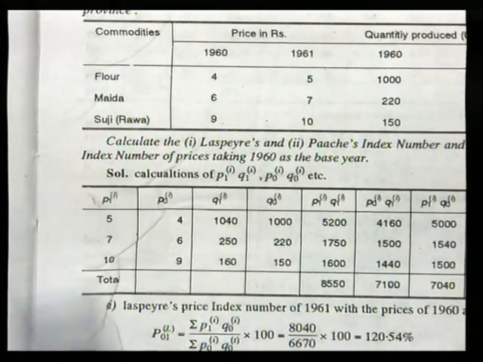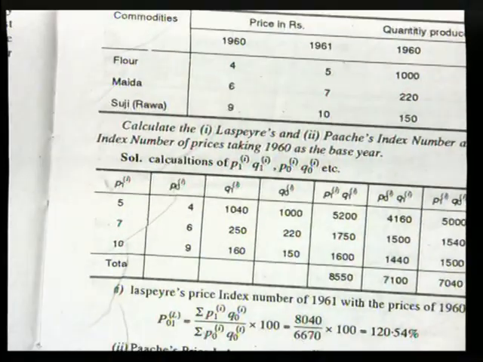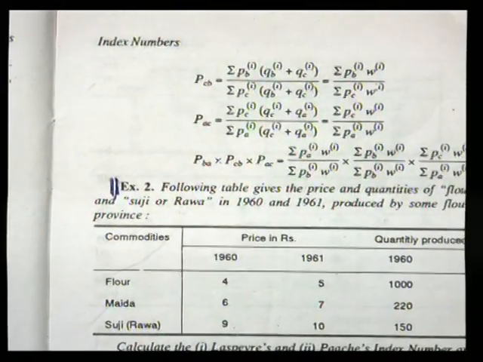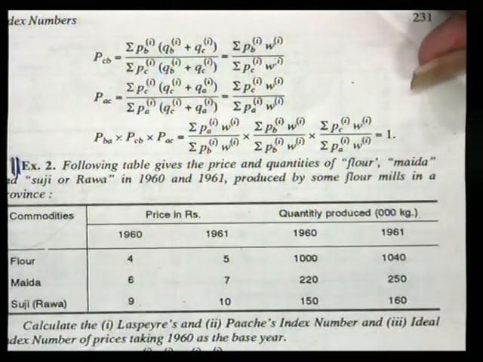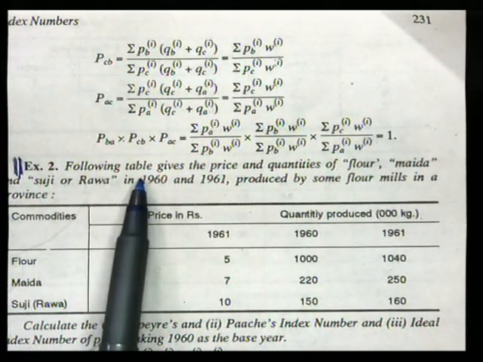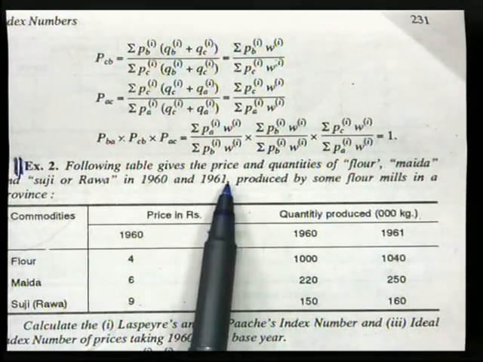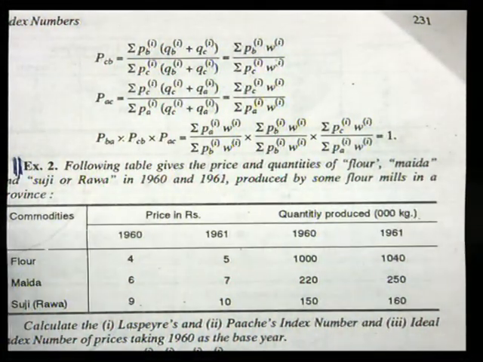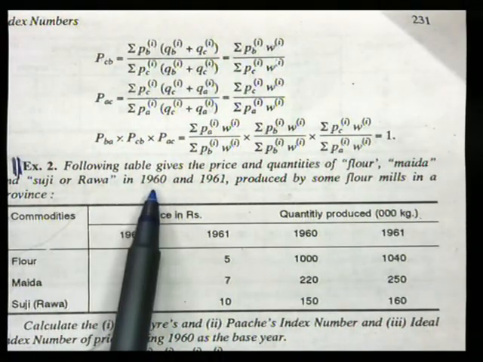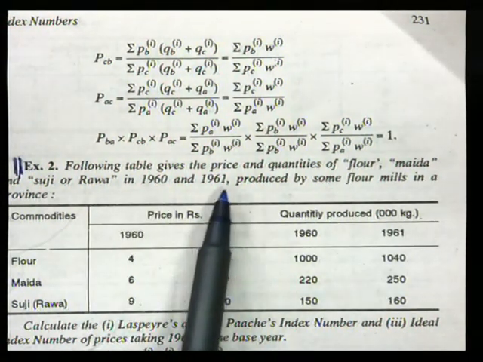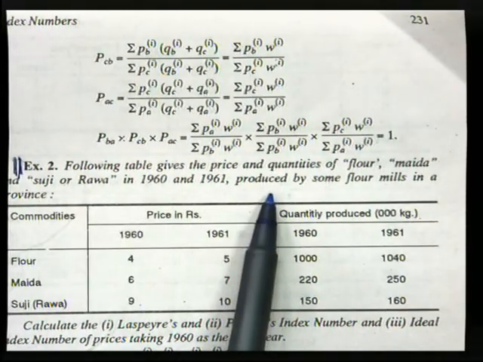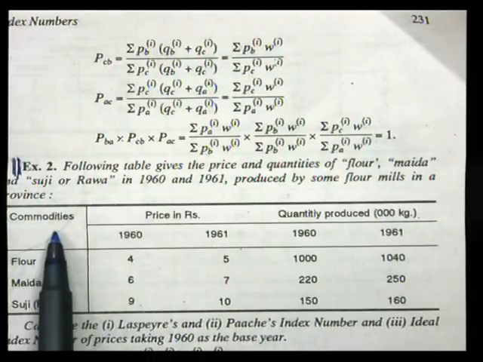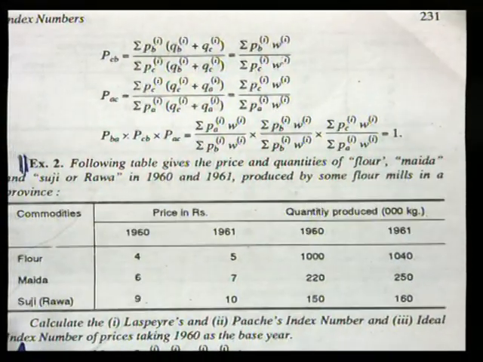Let us see some illustrative examples. The following table gives the prices and quantities of flour, maida and suji or rava in 1960 and 1961 produced by some flour mills in a province.